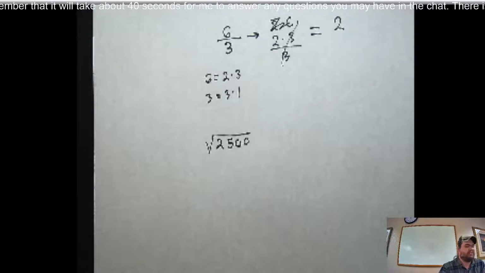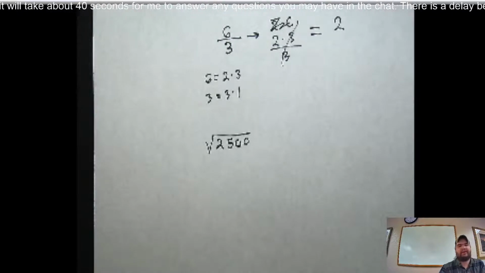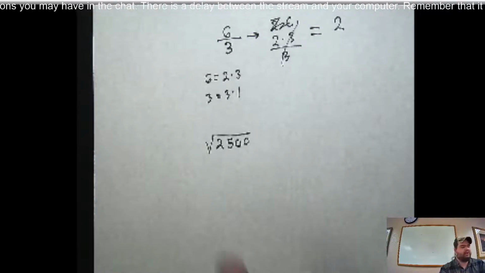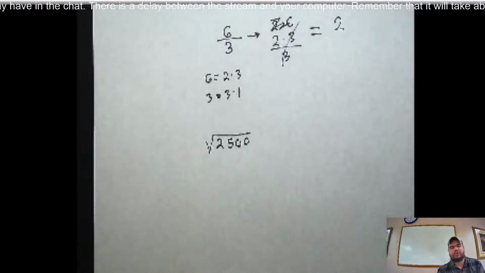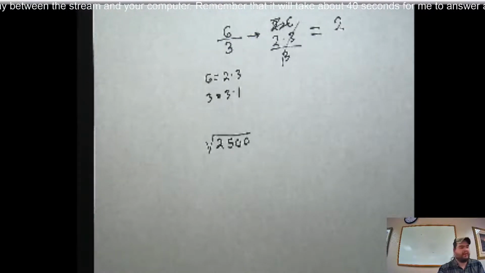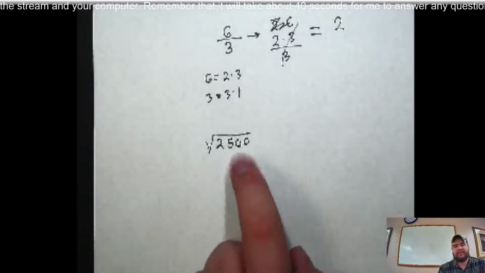So what I can do with this instead is I can start breaking it down into its prime factors to try and find matching numbers. Remember that what we're looking for here in a root, in a square root, is something times itself to get this original number. So if I can find factors that match, that means I can find the square root of this thing. I can find the answer.